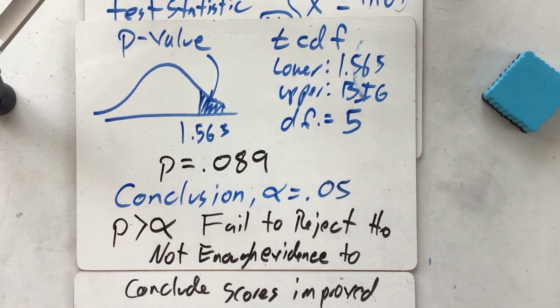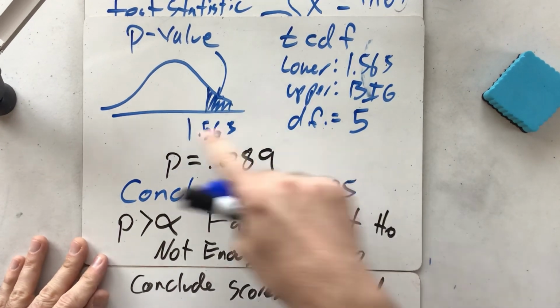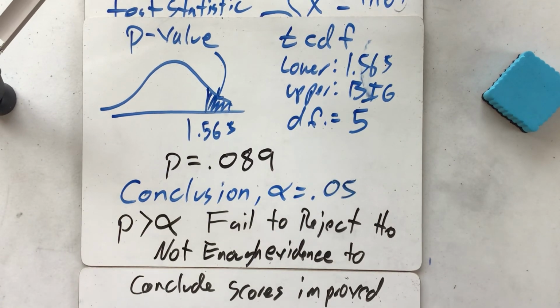But it's really good evidence to think that if you kept doing the study and got the same results over and over again, you would be able to make that conclusion. So I would go get more students. Instead of having 6, have 60. And if you could have 60 students and you get similar results, then you would definitely have a very small p-value, and you'd have something to go with.